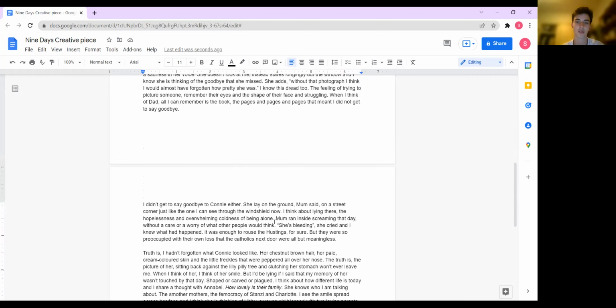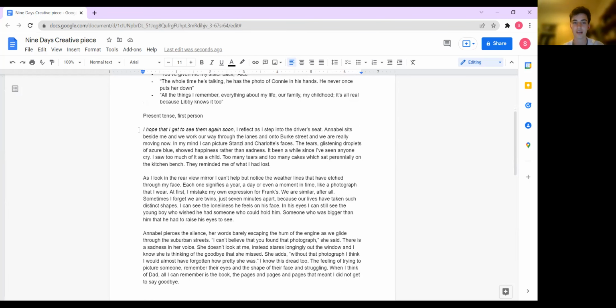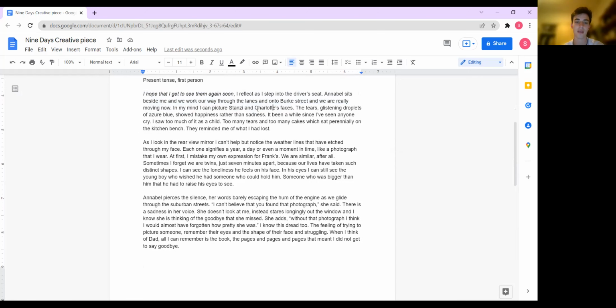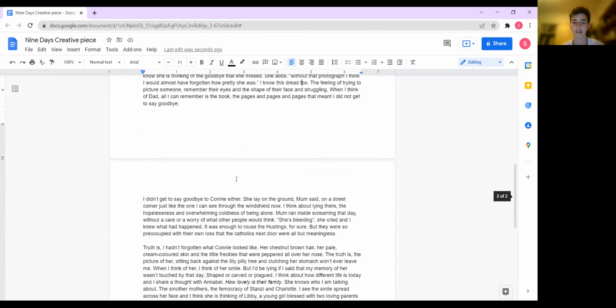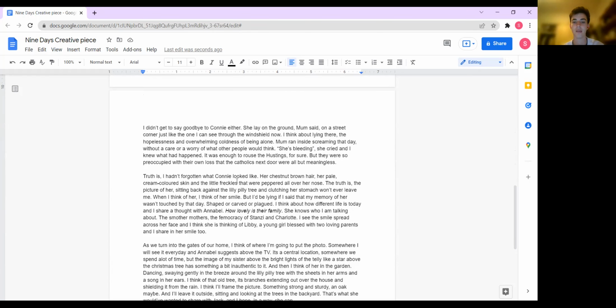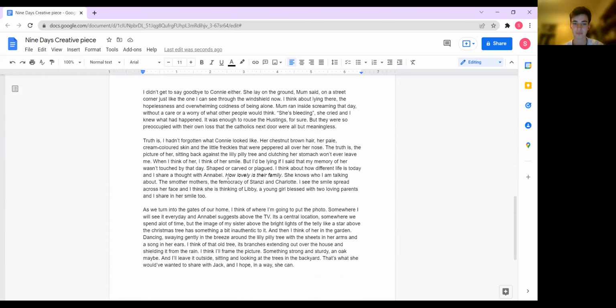Now, just to go through, we started by describing a little bit about the physical place, with the car and stuff like that. Our story follows a journey. So we get in the car at the start and we arrive home at the end. So there's a sense of finality there. It's like the end of the story. For most of the story, we reflect on the negative parts, the trauma that the characters have suffered, both Annabelle and Kit.